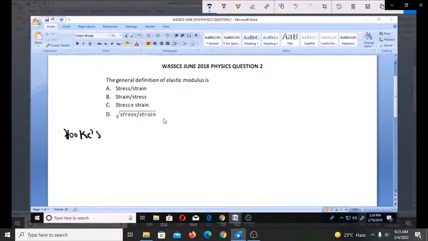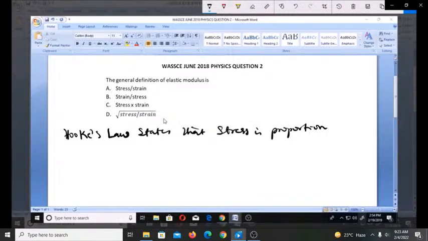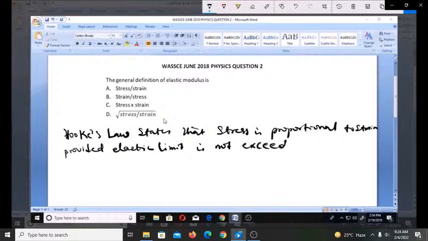So we're going to look at Hooke's law, which states that stress is proportional to strain, provided elastic limit is not exceeded. That's the statement of Hooke's law.